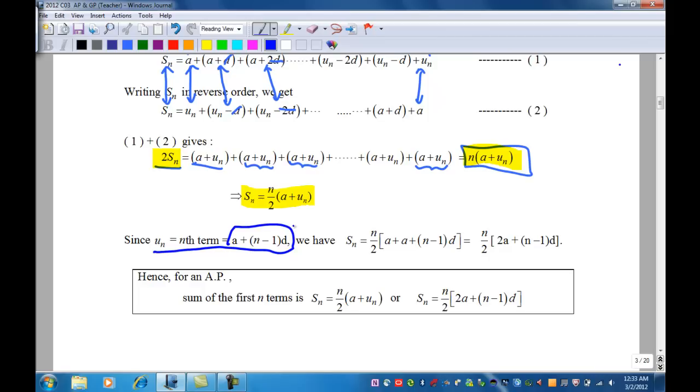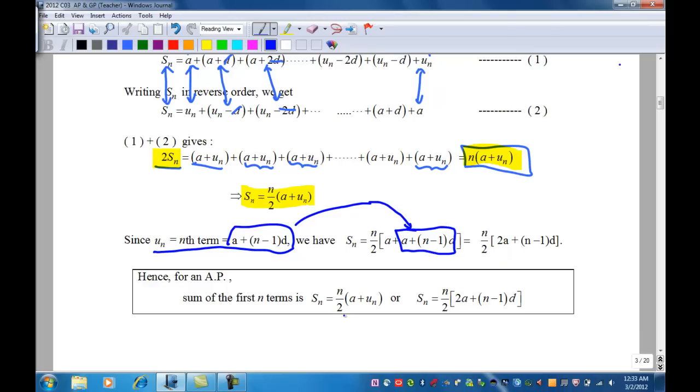Thus, if we substitute this into our earlier equation, we will obtain within the square bracket 2a plus n minus 1 d.